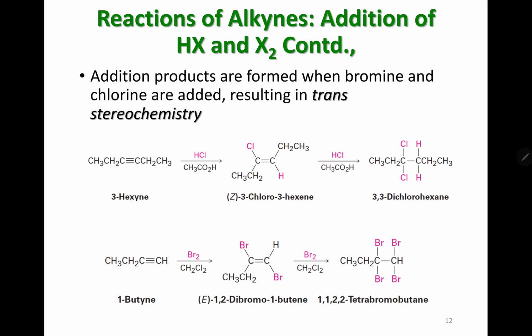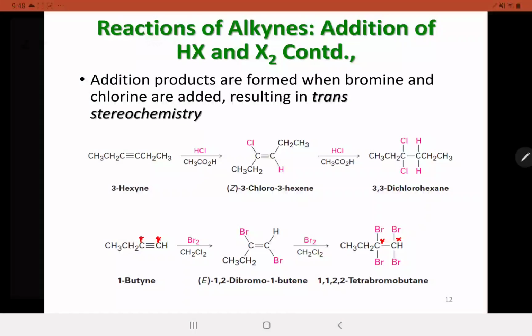So therefore your product will basically have two carbons with two halogens each. Look at these two carbons. They both got two bromines each, right? So the two carbons that are sp hybridized will get two halogens each, which is a very simple reaction.